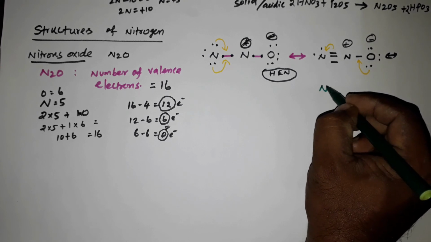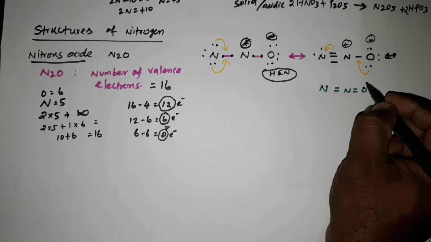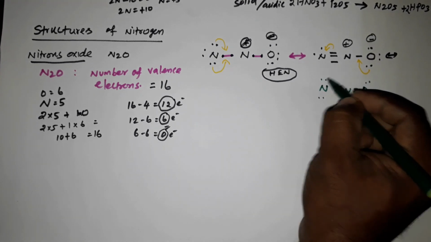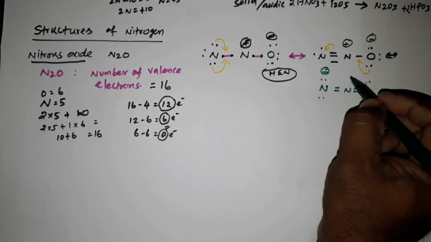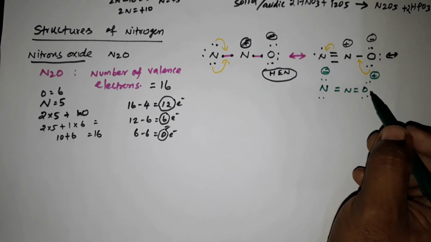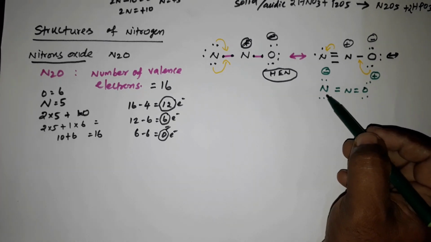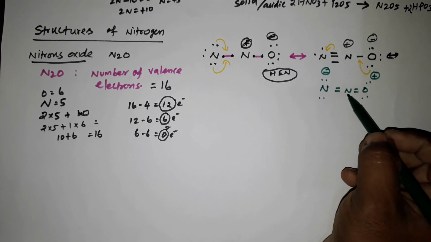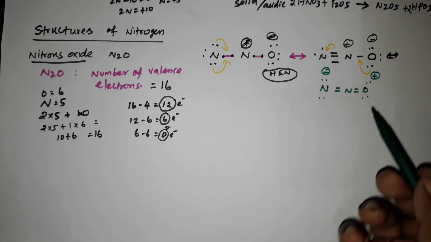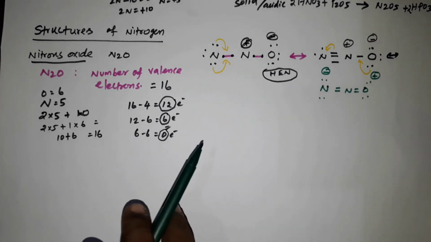N, double bond N, double bond oxygen. Here 2, here 2, here 2, here 2. This is minus and this will become plus. Okay. So now you check the octet: this last nitrogen 8 electrons, middle atom 8 electrons, and this oxygen 8 electrons. So that's all about the structure of nitrous oxide.